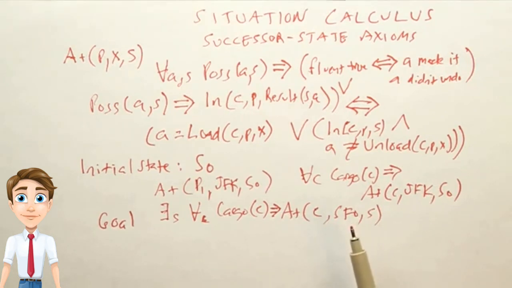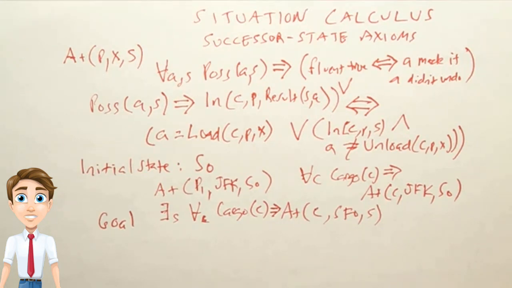Now, the great thing about situation calculus is that once we've described this in the ordinary language of first-order logic, we don't need any special programs to manipulate it and come up with a solution, because we already have theorem provers for first-order logic.